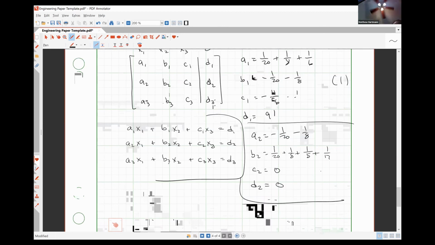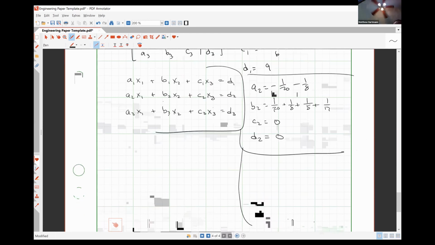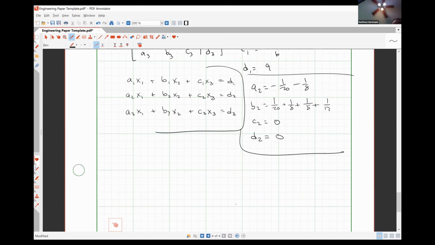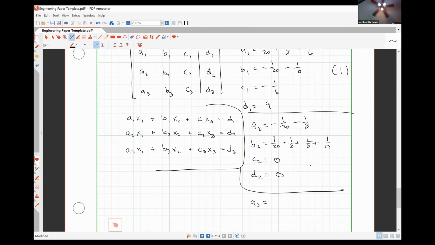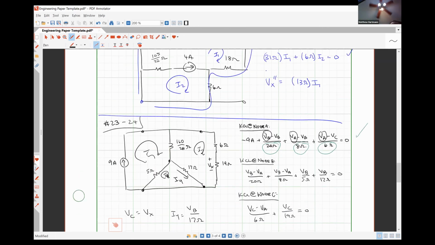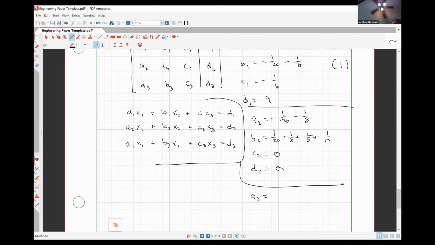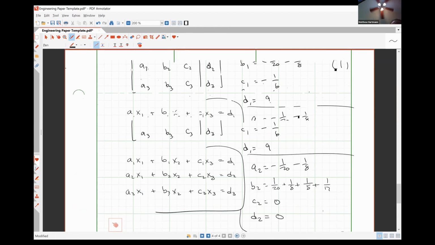For my third equation, that might not be enough room. A3, the coefficient associated with VA, is -1/6. B3, the coefficient associated with VB, is 0, if I'm not mistaken.